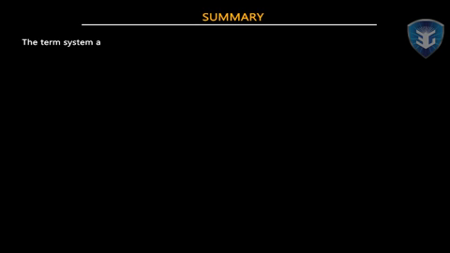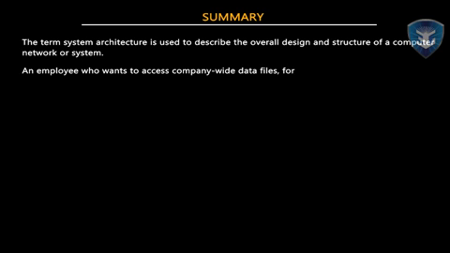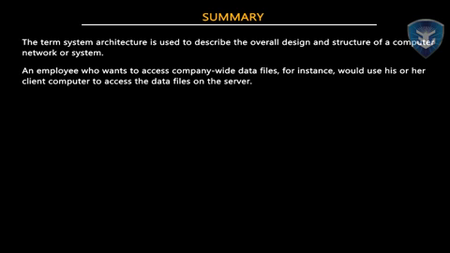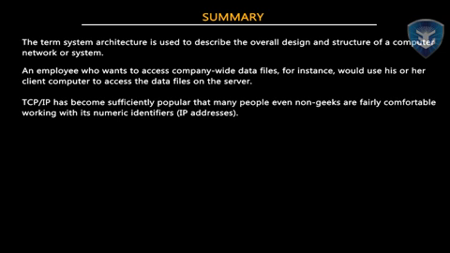The term system architecture is used to describe the overall design and structure of a computer network or system. An employee who wants to access company-wide data files, for instance, would use his or her client's computer to access the data files on the server. TCP/IP has become sufficiently popular that many people, even non-geeks, are fairly comfortable working with its numeric identifiers, IP addresses.